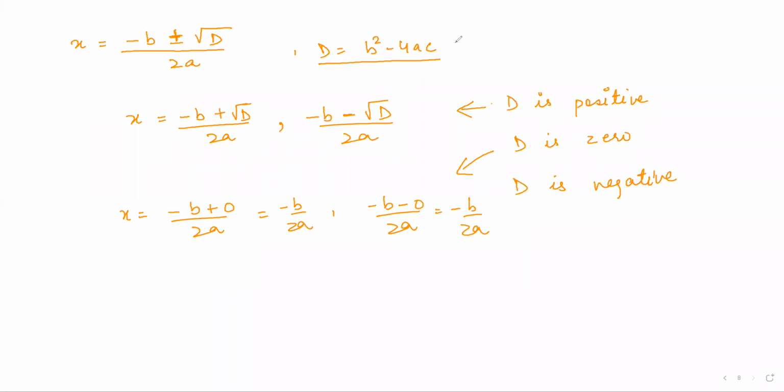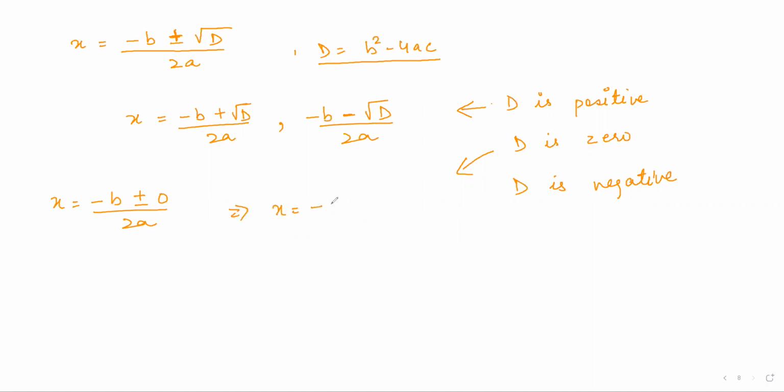See again, if D is 0, basically x is equal to minus b plus minus 0 divided by 2a. That means I can write x is equal to minus b by 2a plus 0, that means minus b by 2a. And the other is minus b by 2a minus 0, which is also the same.